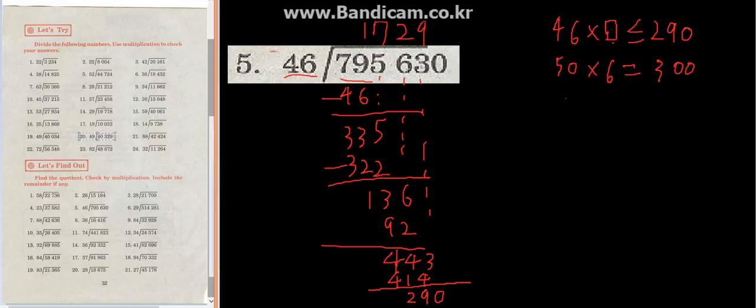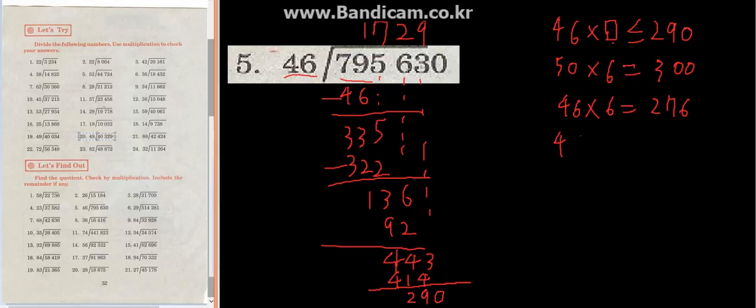So let's put 6 here. 46 multiplied by 6 is equal to 276. I think that's right. Let me check it out. 6 times 4 is 24 and 36. Yep, that's right. So this is 276 and is smaller than 290.